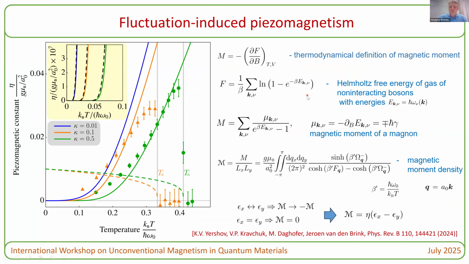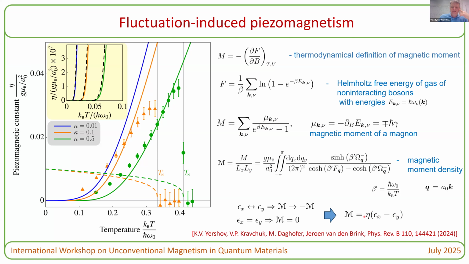So magnons are bosons, and this is a magnetic moment, and we can compute the magnetic moment density. And we can show that this density depends on the difference of these altermagnetic strengths along x and y direction, meaning that we need these terms to be different, which can be achieved by applying the external stress.